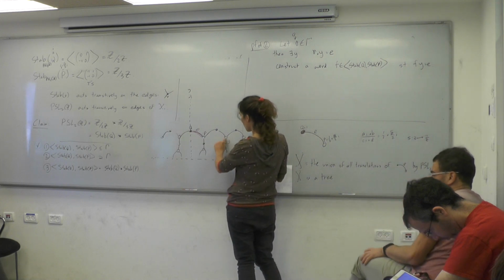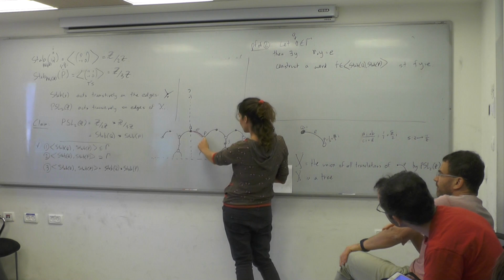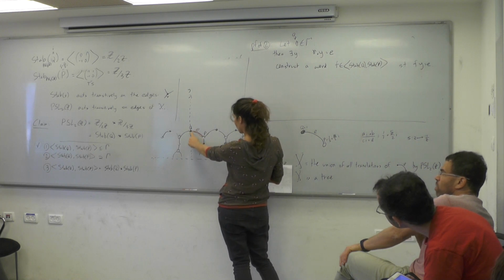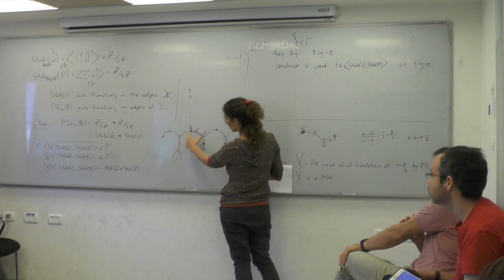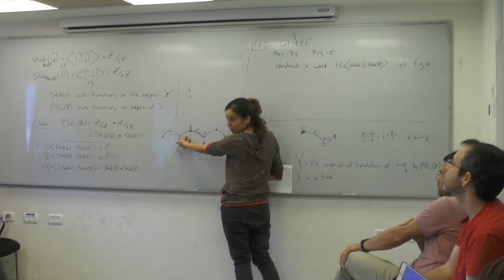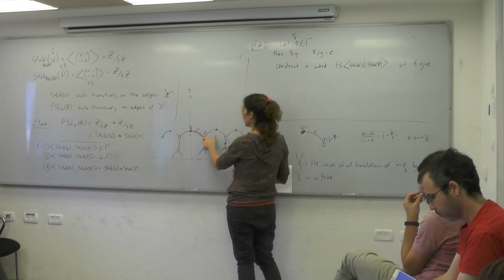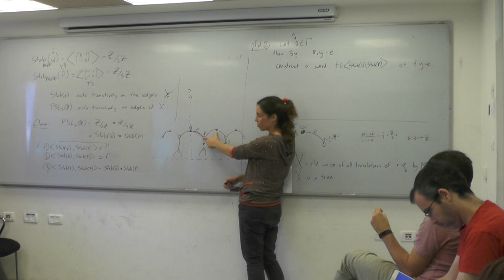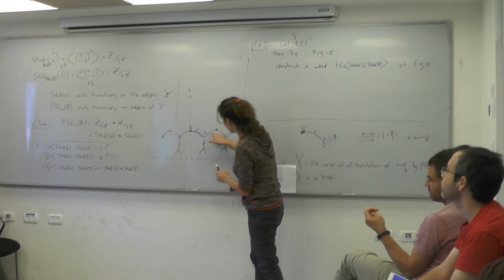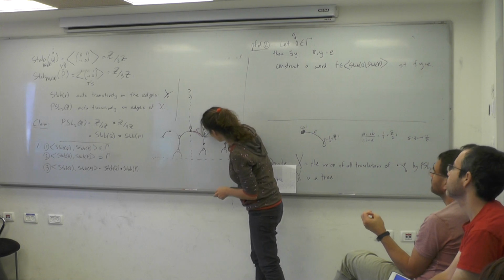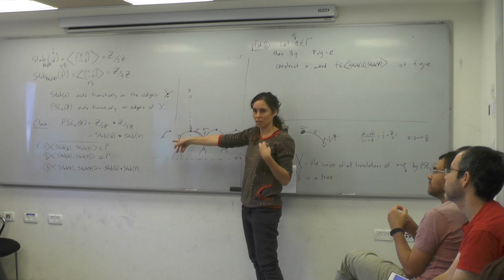Observe that now Y is pretty far from E. If I act with the stabilizer of P, and I send this edge into this edge, in particular what will happen is that Y will get closer to E.